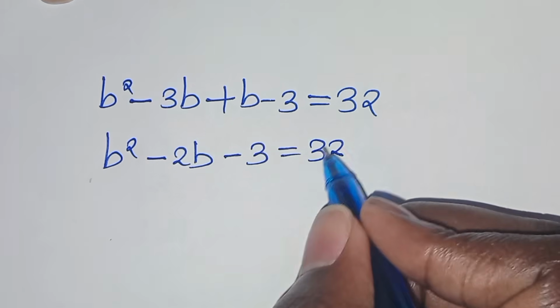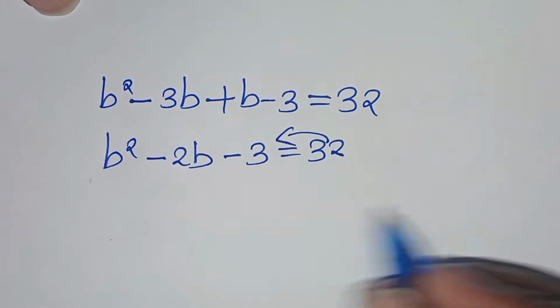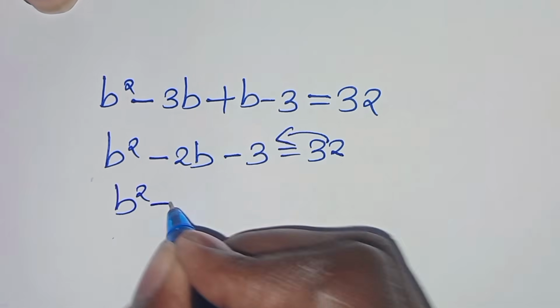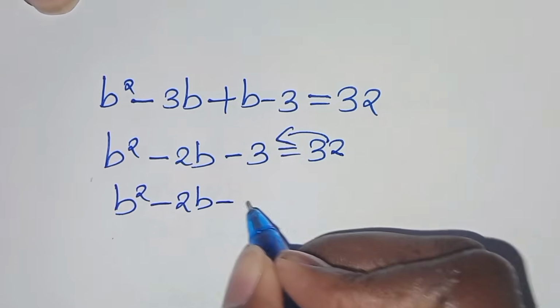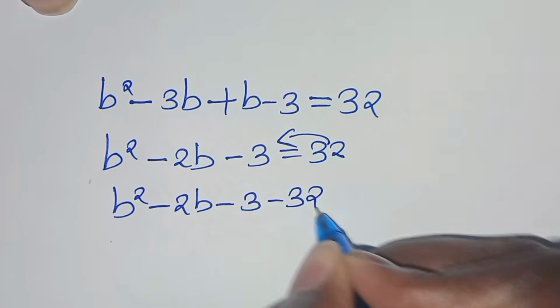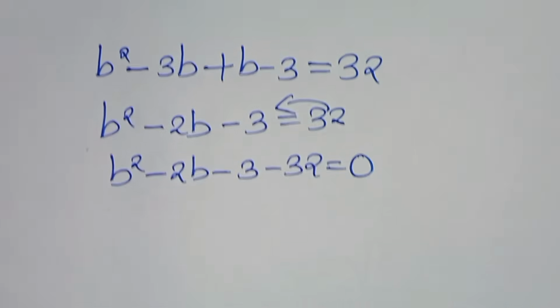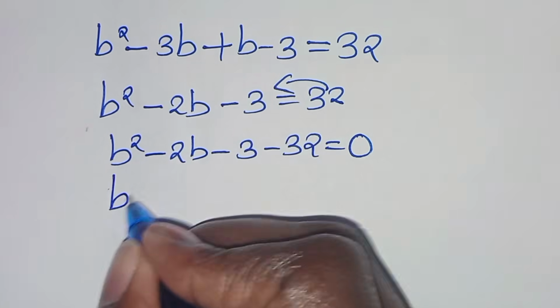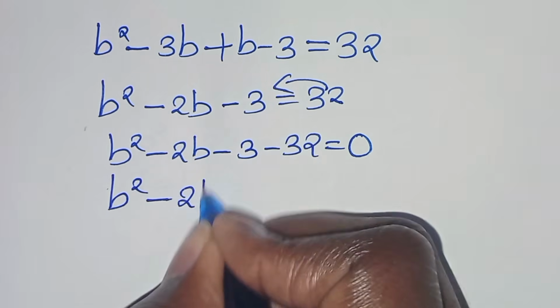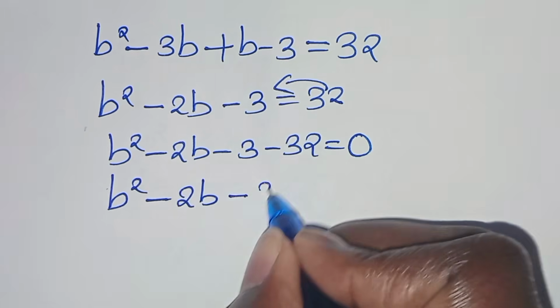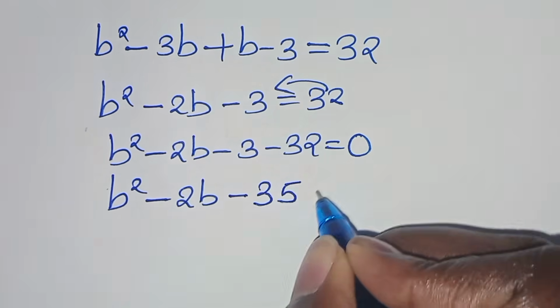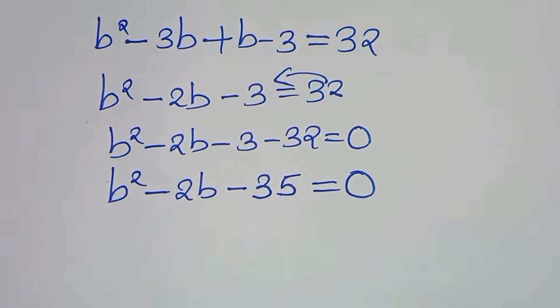So from here, let's take that 32 to the left hand side, so that we have B squared minus 2B minus 3 minus 32 equal to 0. The next step is that we have B squared minus 2B minus 35 equal to 0.